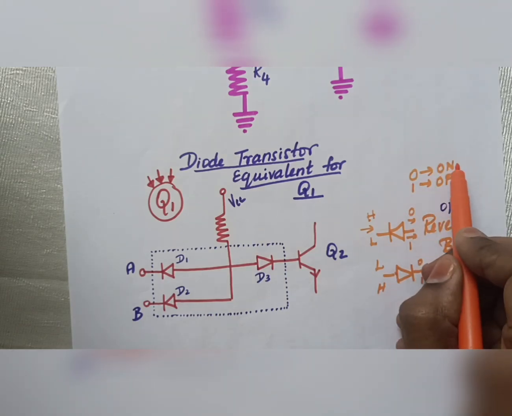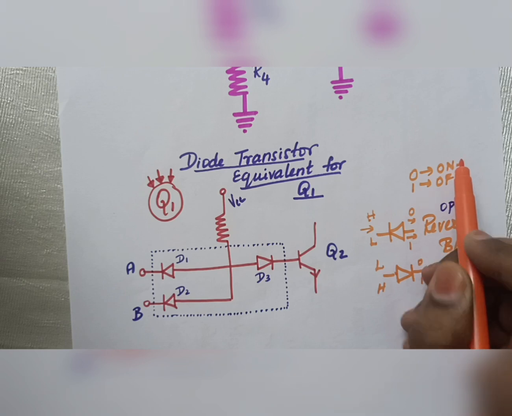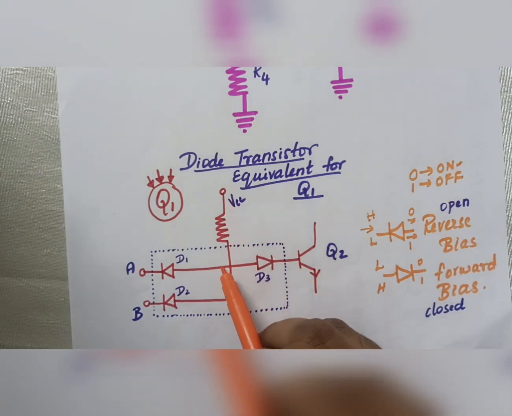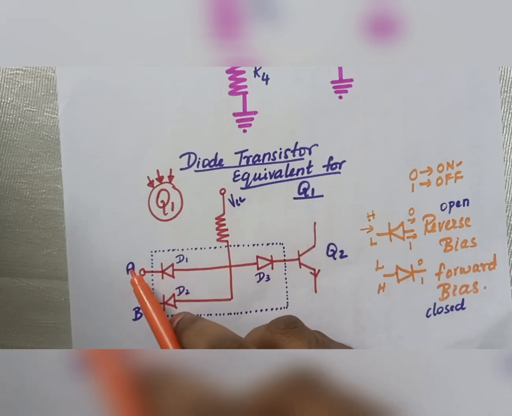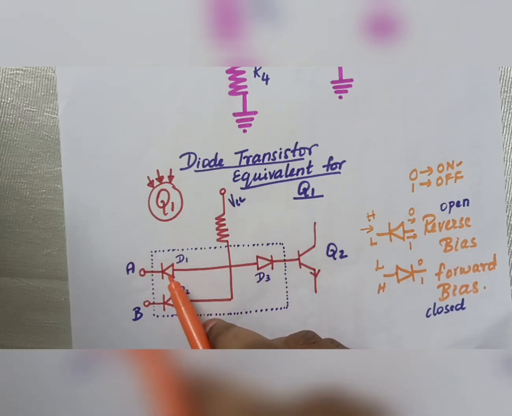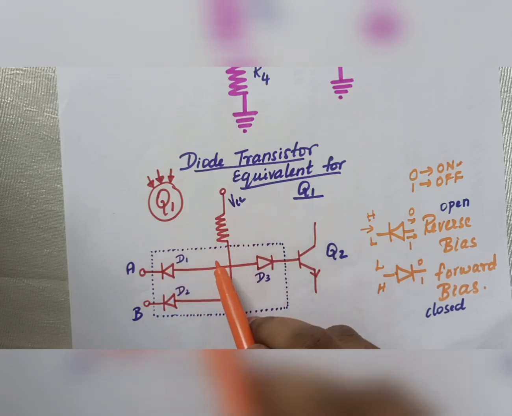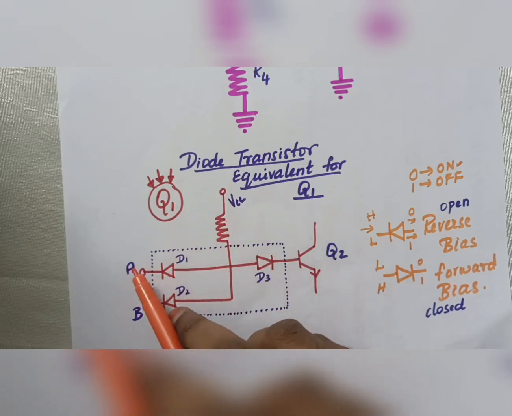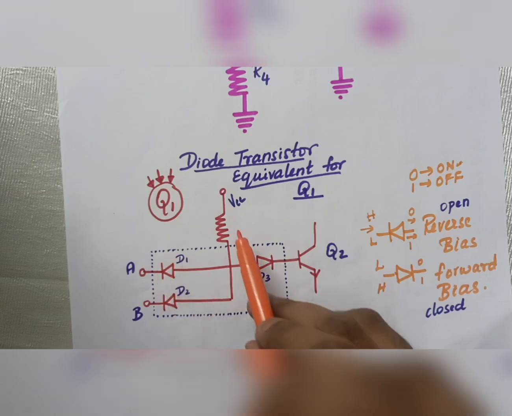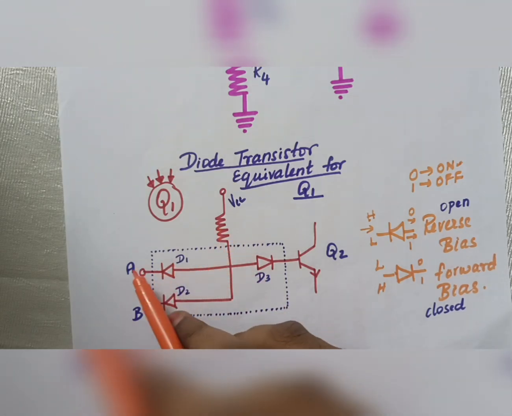On means the current passing from here will flow towards A. So if I have 0, this diode will be on and the current will flow through here and go to A.